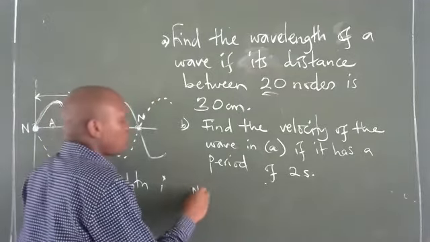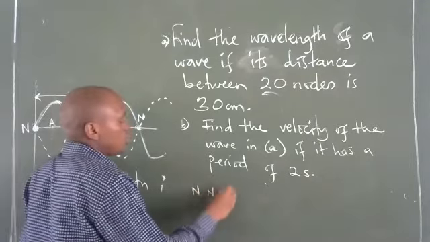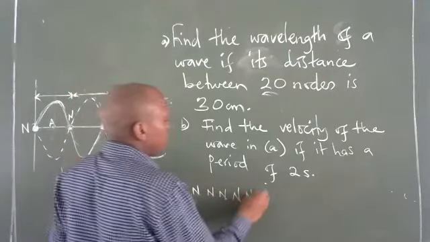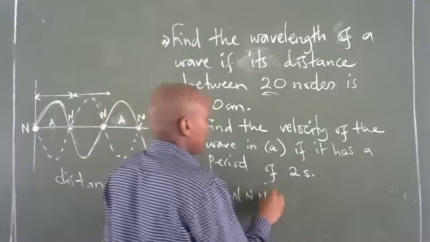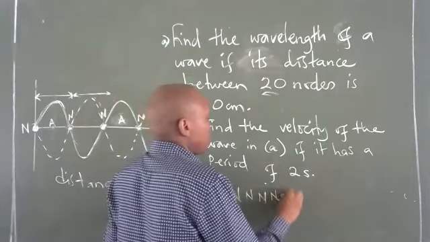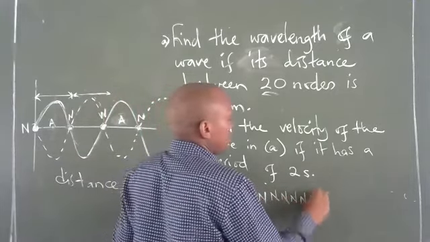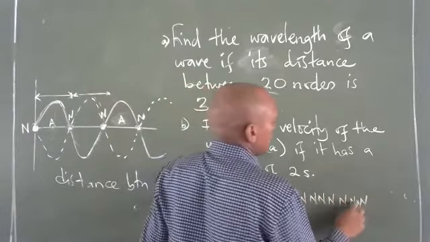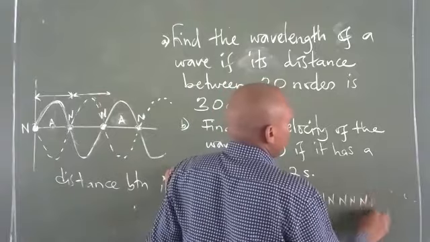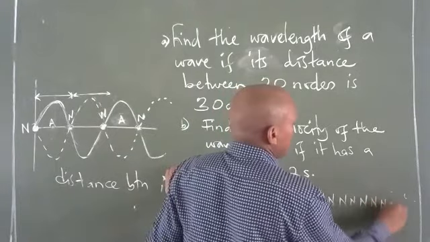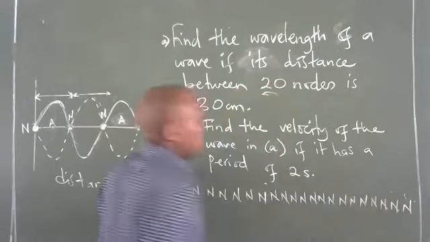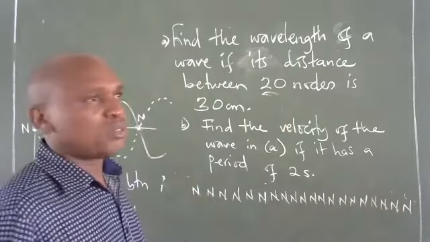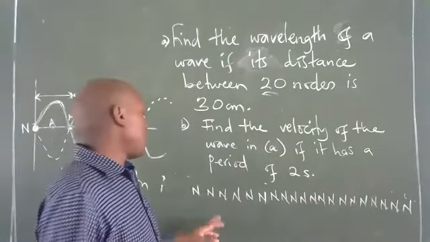We shall see the formula: 1, 2, 3, 4, 5, 6, 7, 8, 9, 10, 11, 12, 13, 14, 15, 16, 17, 18, 19, 20. You don't have to write them all the time, but we are just checking the simplest way to remember how to do it.